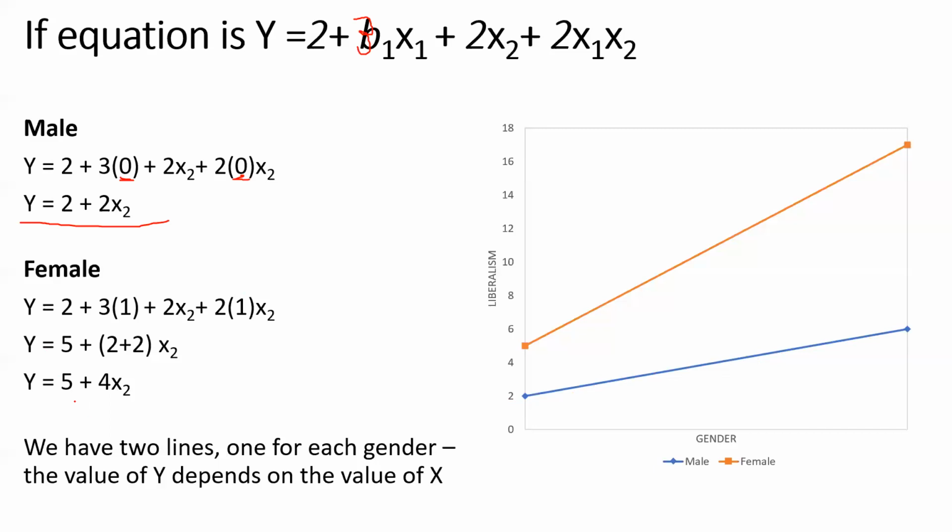For women, we do the same thing, and we plug in a 1 in all the places where we had x sub 1, which was our gender variable, and we end up with an equation of y equal to 5 plus 4x2. So this is our slope for the relationship between liberalism and education for females. So males and females have different lines, one for each gender. So the value of y, liberalism, depends on the value of gender and its connection with education held constant.